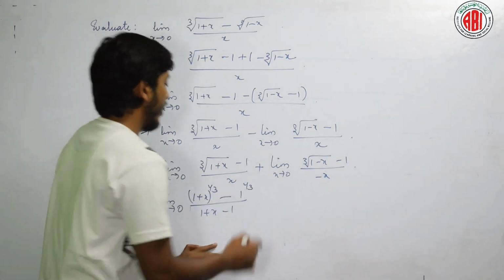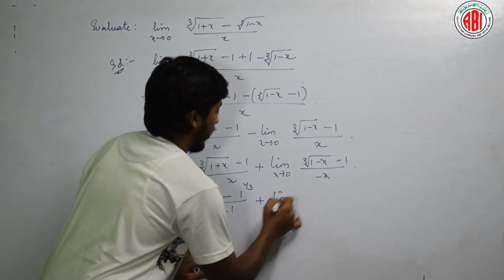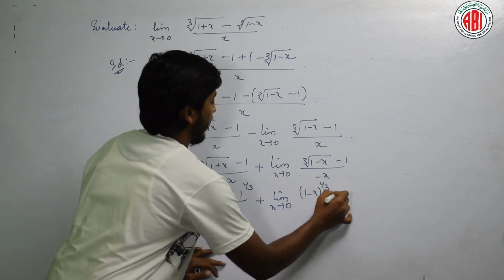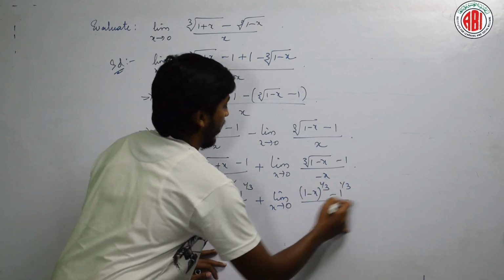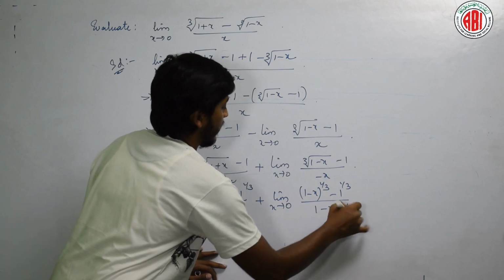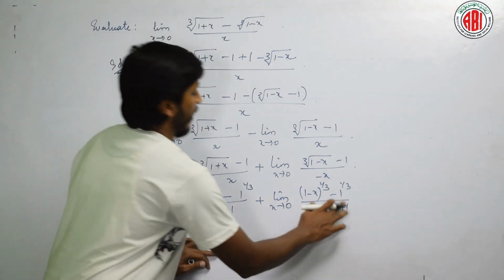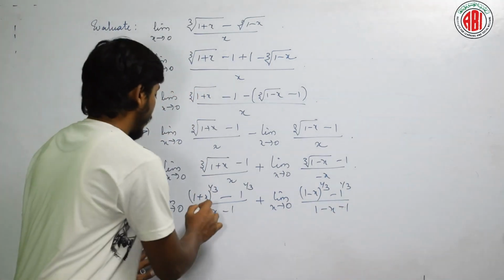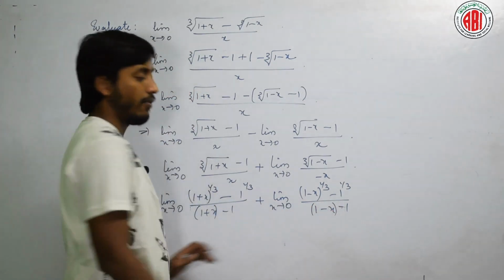Similarly, do the same thing for this particular term. This will become (1 minus x) whole power 1 by 3 minus 1 power 1 by 3 by 1 minus x plus 1, I mean minus 1. I have added and subtracted 1, right? Yes or no? Is it clear now?